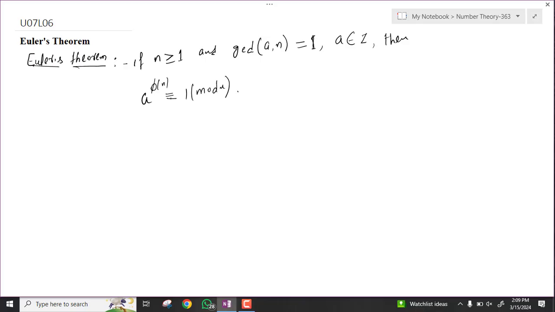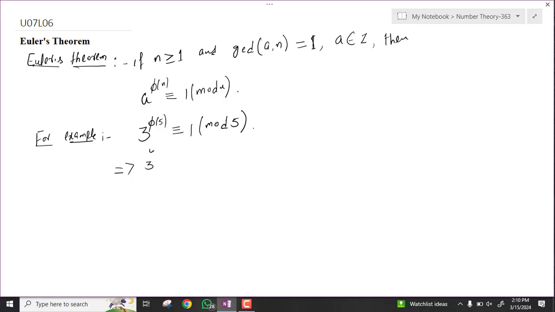Before giving the proof of Euler's theorem, I will give you one example. Suppose 3 raised to the power phi of 5 is congruent to 1 mod 5. We will check whether this is true or not. Phi of 5, 5 is a prime number, so phi of p equals p minus 1.